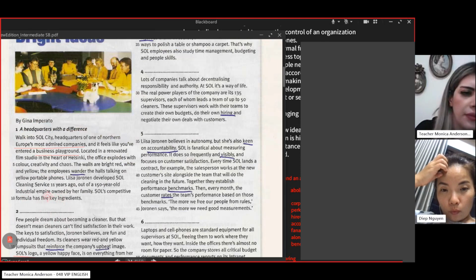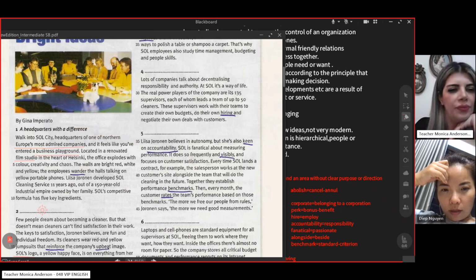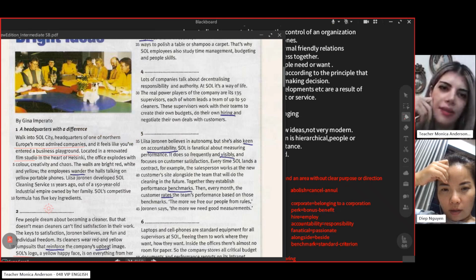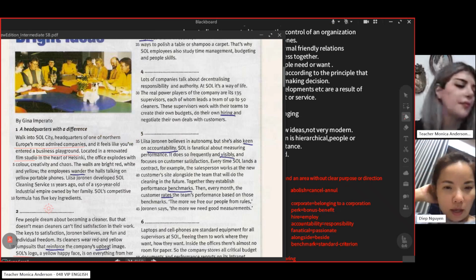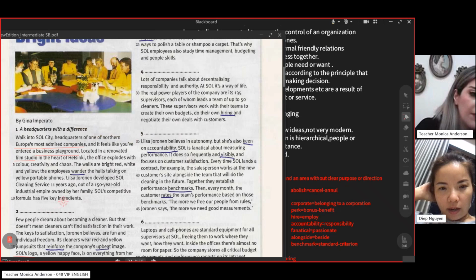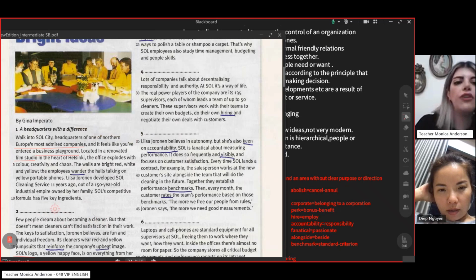Key ingredient. Okay, key ingredients. Of course, why not?